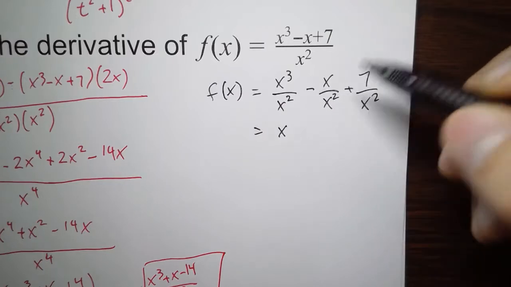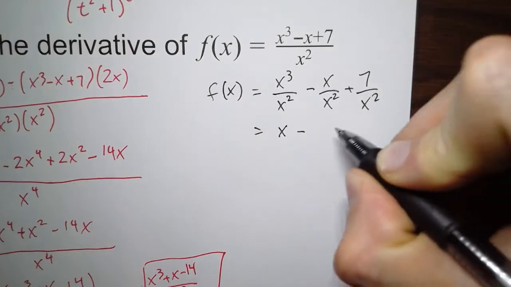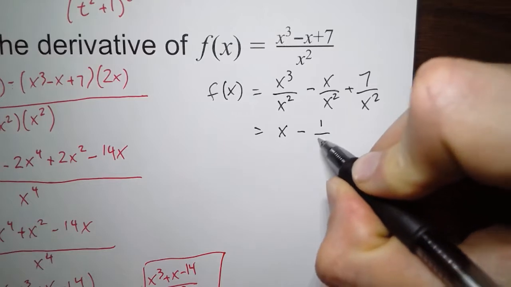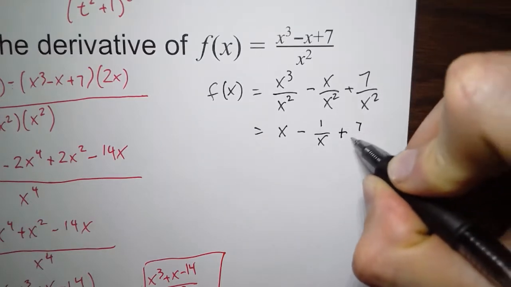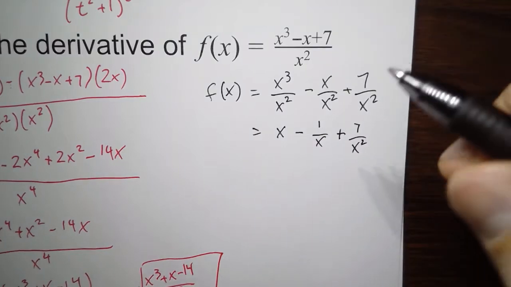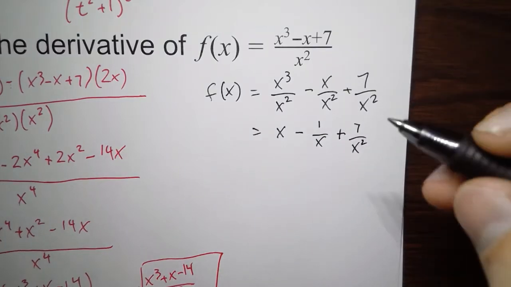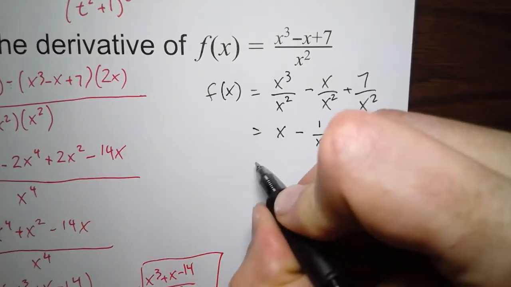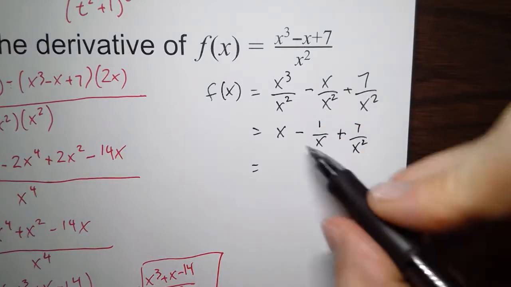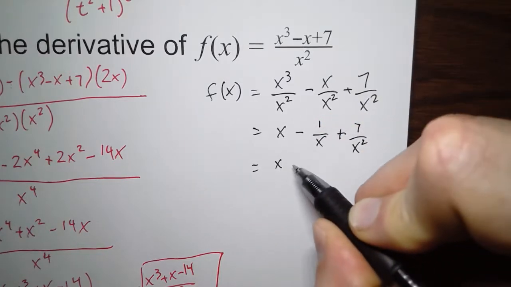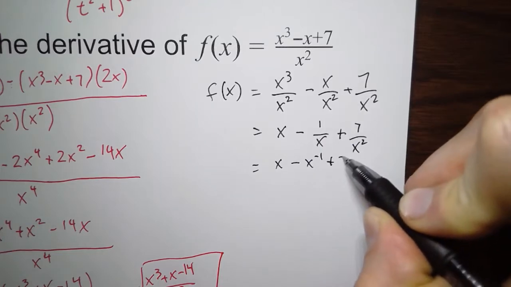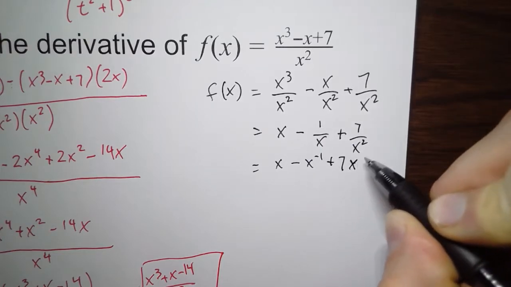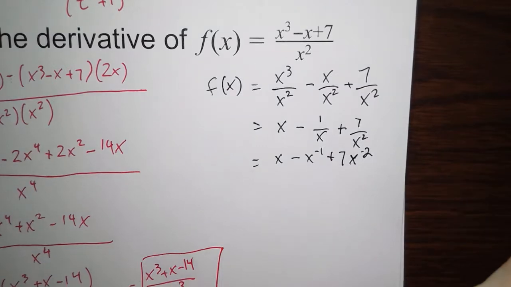X over x squared simplifies to 1 over x, and you can't cancel any x's out here. But if we want to take the derivative, we're going to have to rewrite this with some negative exponents. So this is x minus x to the negative first plus 7x to the negative 2.